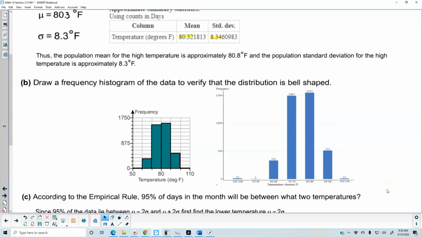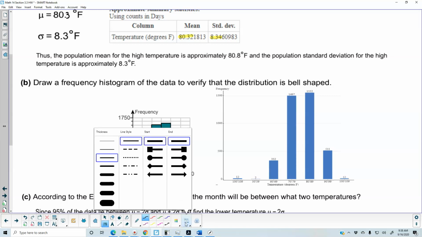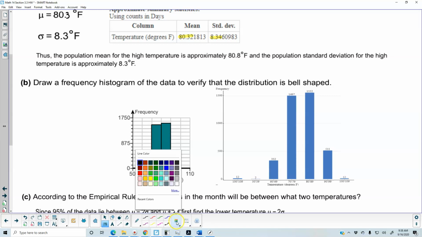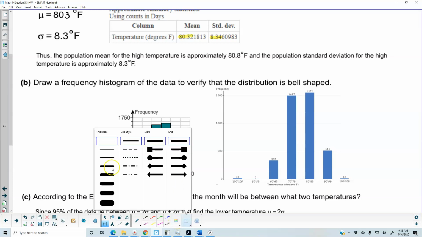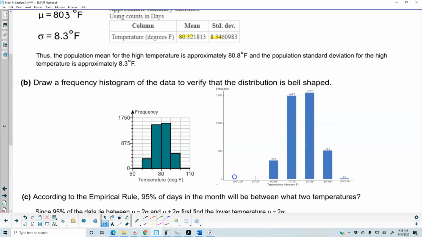Okay, and so what I want you to notice is that they're asking us to determine whether this is bell-shaped or not. Well, by looking at this data, we're first going to just get rid of this part here. We're not going to pay attention to that one now because we moved that to the other side.